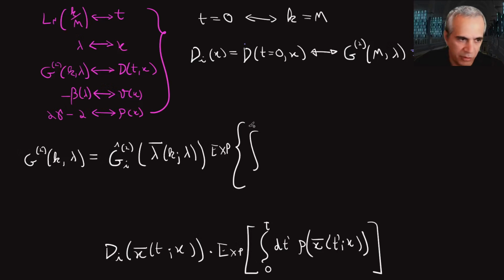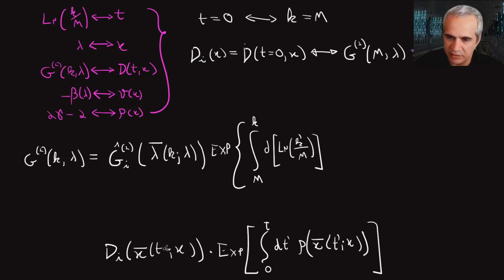It's an integral, so dt prime will become d of log of some k, let me call that k prime, because it's not the same k here, it's just a variable of integration, over m. And it goes from 0, which is this condition, so k starts at m, and goes to some value k, which is this one, right?